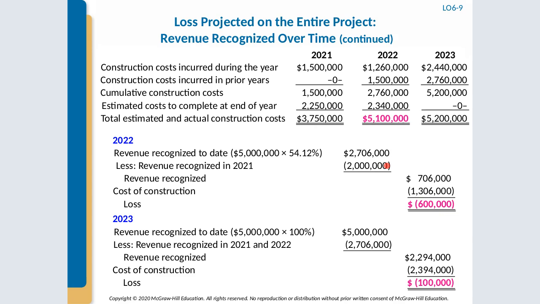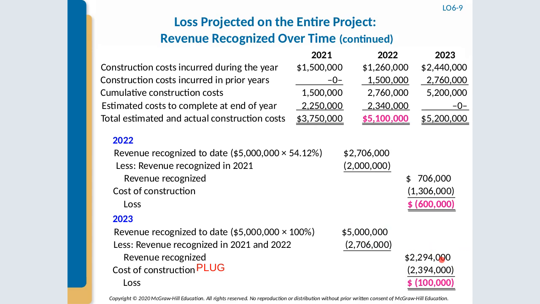And then for the last year, well, actually, yes, we have to plug once again. And accountants love that word. Just plug the difference. And so we have the revenue that was recognized up to date. This is 2023. The revenues that were recognized in the past are subtracted.